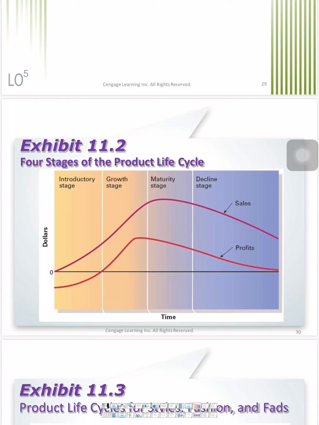If you see, the vertical axis is dollars, and the horizontal axis is time, which is time from stage to stage. When you start to commercialize your product, it goes first to the introductory stage.